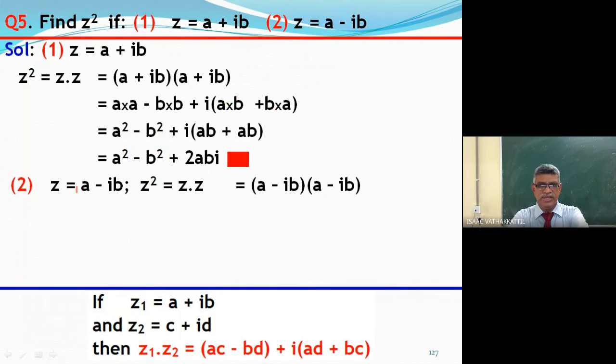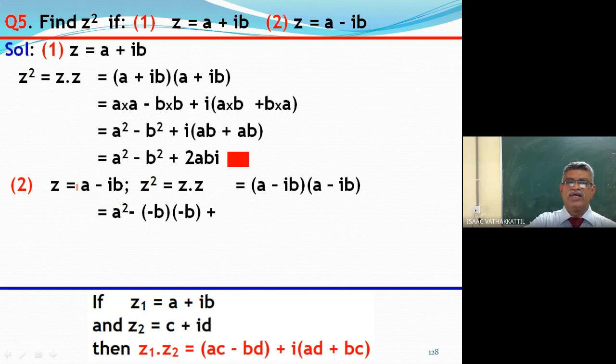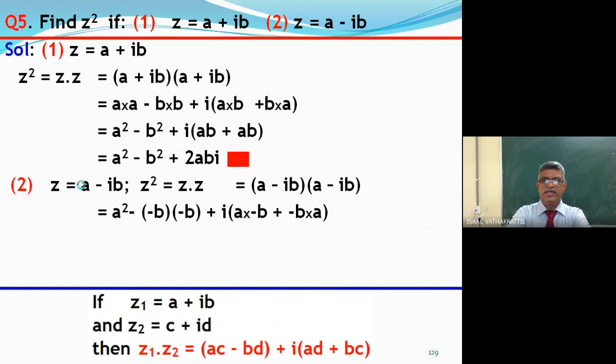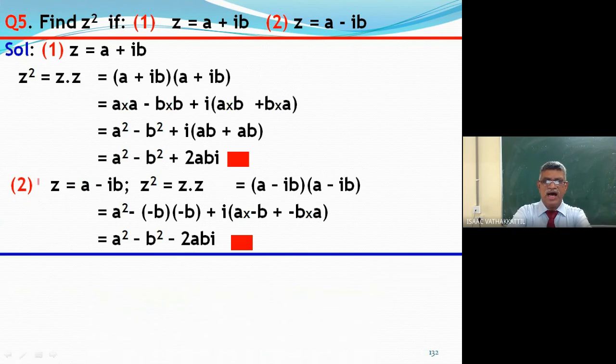A squared minus BD: minus B into minus B is B squared. So it is A squared minus B squared, plus i into (AD plus BC), A into minus B plus minus B into A. Or precisely it is A squared minus B squared minus 2ABi.